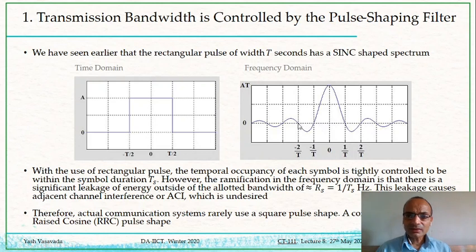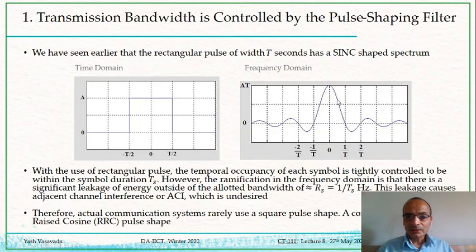But there is a significant leakage, as you can see, outside of the width of plus minus 1 over Ts, which is plus minus R of S, the symbol rate. So even if we are willing to consume a bandwidth which is roughly twice the symbol rate, even that is not enough, because there is energy leaking out of that width of 2 times the symbol rate.